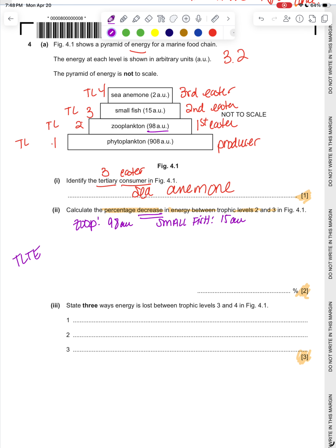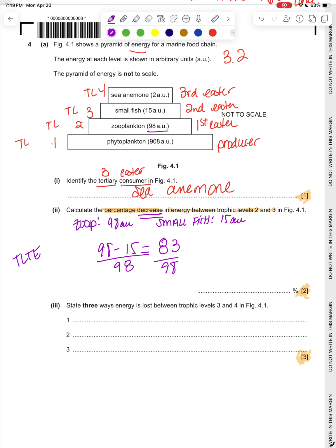All right, and if we do 98 minus 15, and then divide it by 98. Make sure there are no decimals or anything.